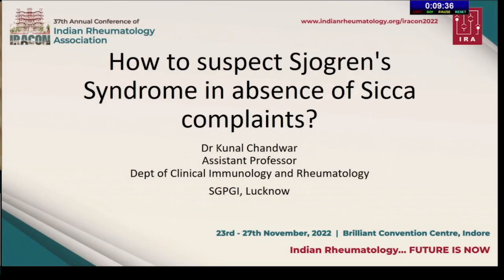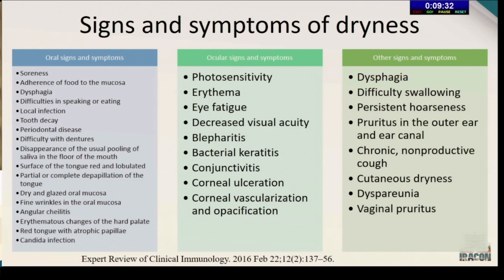A very good day to one and all, and I'm Dr. Kunal Chanwar, and I'll be discussing regarding how to suspect Sjogren's syndrome in absence of sicca complaints. So first things first, Sjogren's might not present directly with those classical manifestations of oral and ocular dryness.